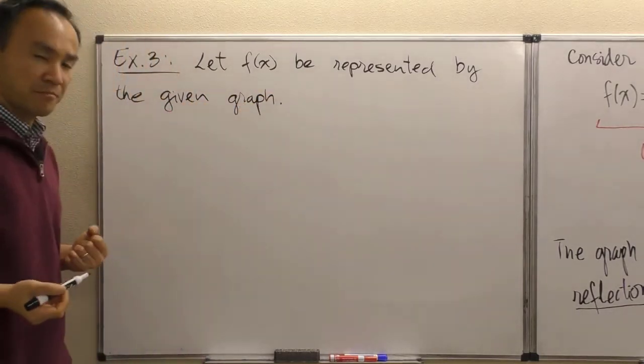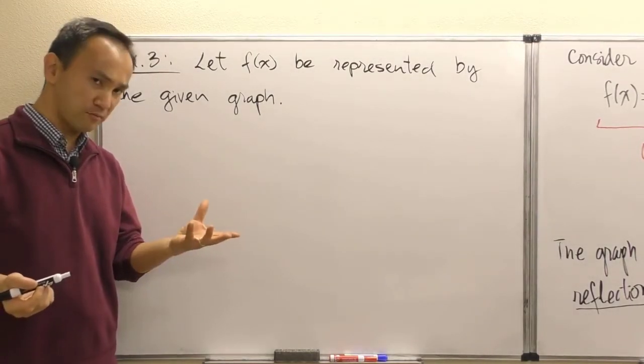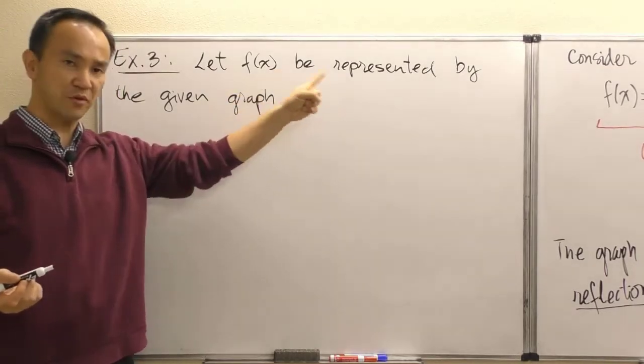In this example 3, I will be introducing a few problems. Each problem is a function that has a graph, and that's what it is right here: f of x is represented by the given graph.